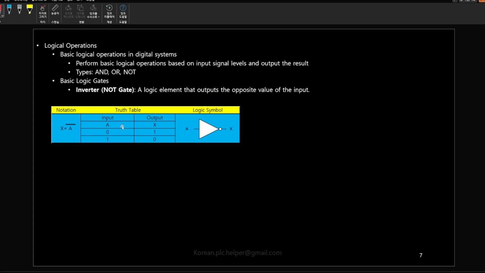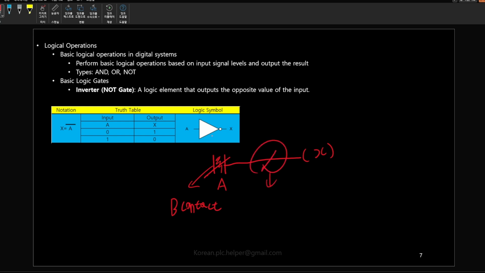Truth table: input A, output X. In a PLC, as you can see, this is a B contact. A is in a pulse status at contact B. This here is the NOT gate.